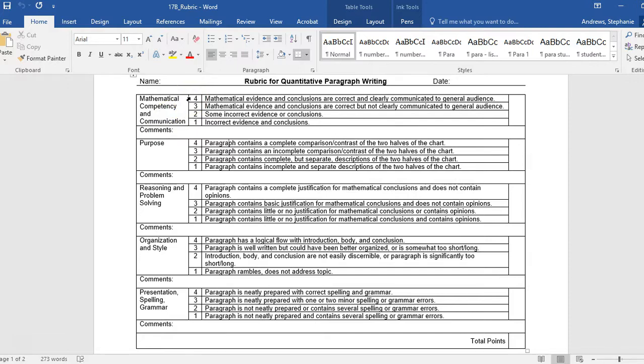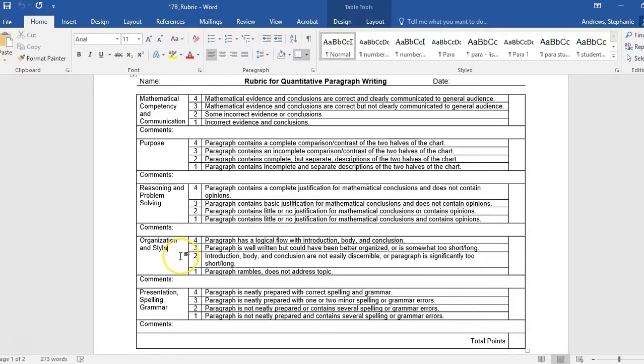So you would want to be able to write mathematical evidence and conclusions that are correct and clearly communicated to a general audience. Next, the paragraph contains a complete comparison and contrast of 2 halves of the chart. Paragraph contains a complete justification for mathematical conclusions and has no opinions.